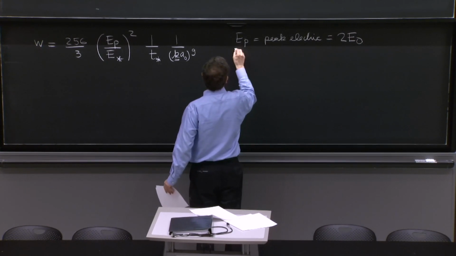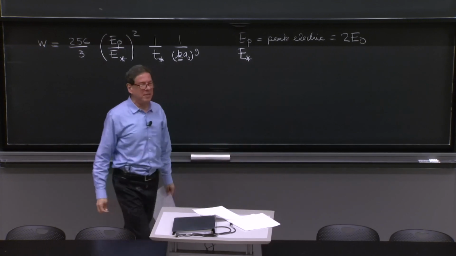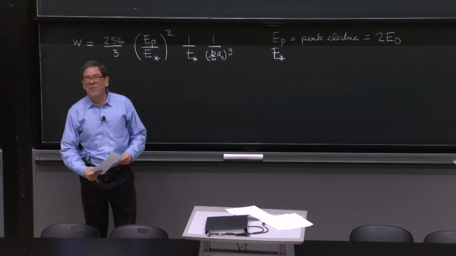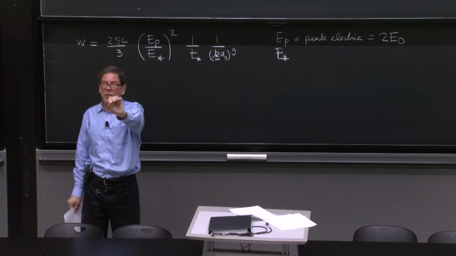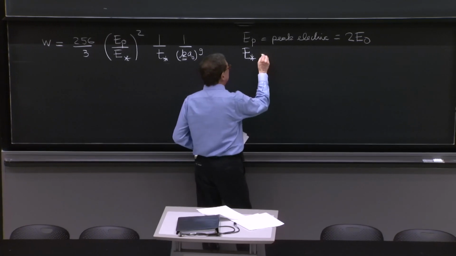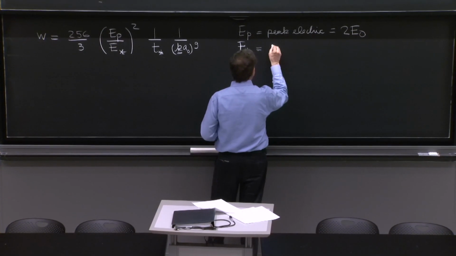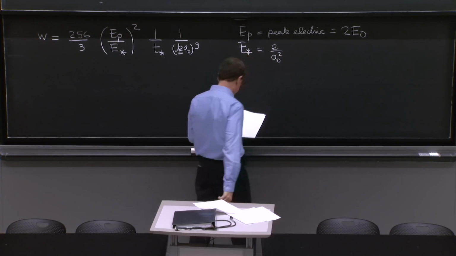E star is the atomic electric field. That's defined as the electric field that the proton creates at the electron. So it is equal to E over A0 squared.